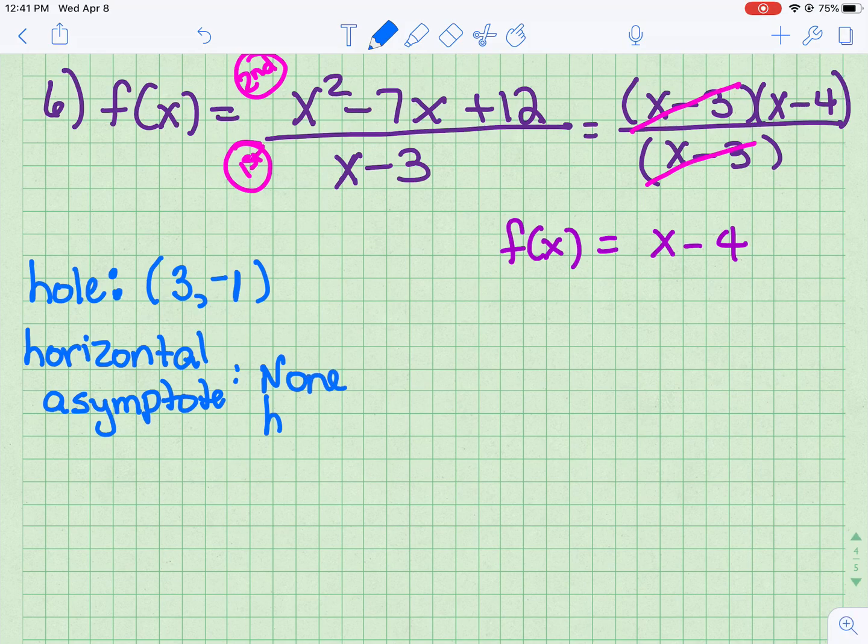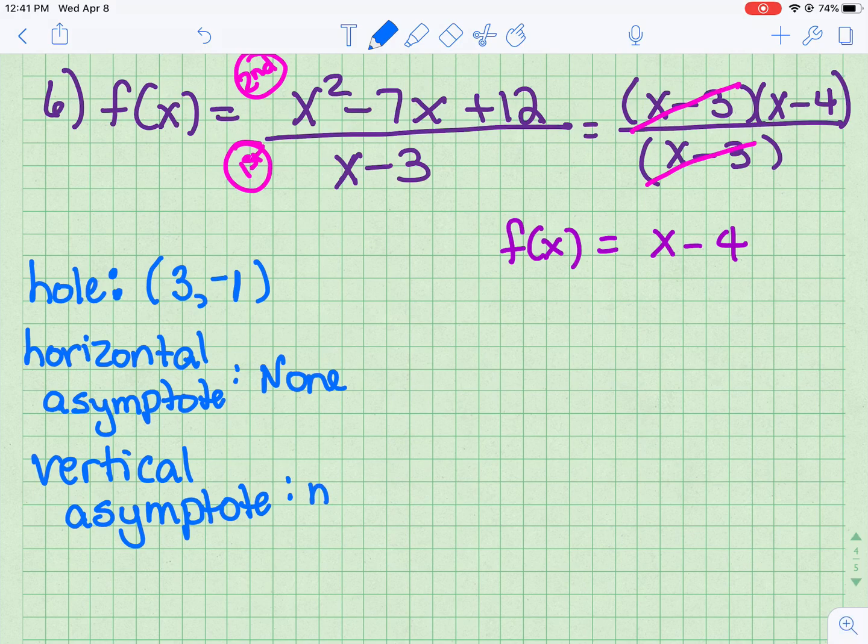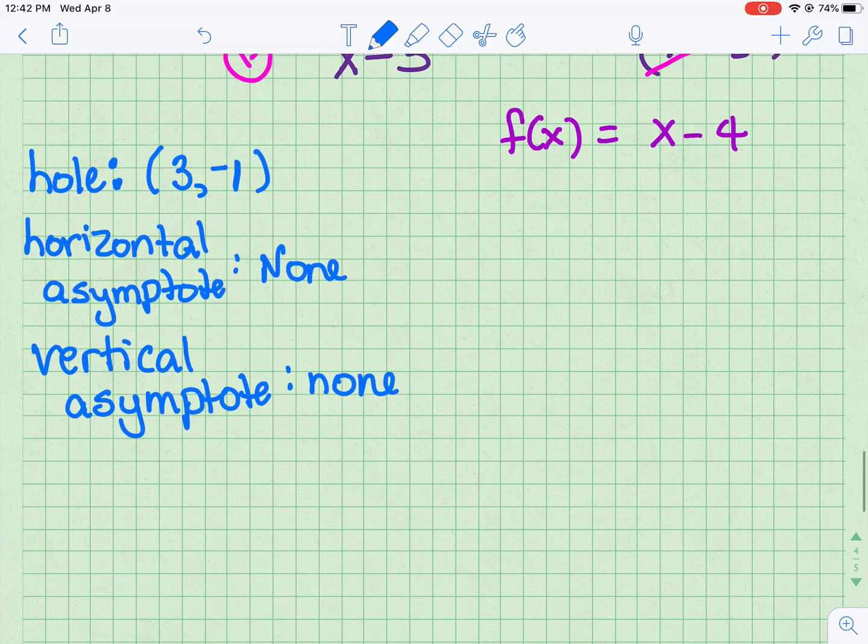You can just put none there, or NA. Then my vertical asymptote is what's left after we simplify the function. In this case, there's a 1 left in the denominator, no x left, so we don't have a vertical asymptote because there's no denominator to go to 0. The only thing we need to worry about in this problem is that hole.